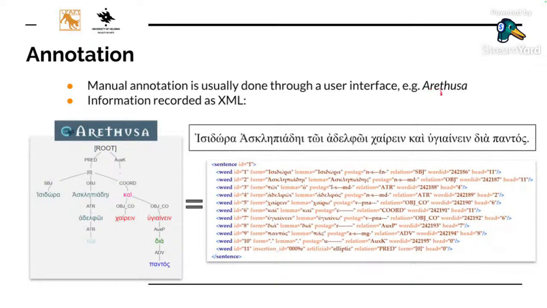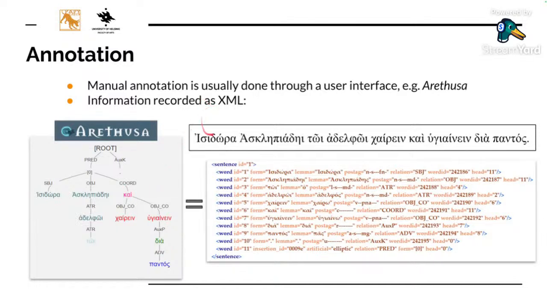By far the most popular one is Arethusa, where the information as you tree bank is recorded as XML. Thankfully, you never have to see this XML unless you really want to. This is what you see. You interact with these words on the screen that you get to arrange in the tree structure in a very delightful and addictive manner.